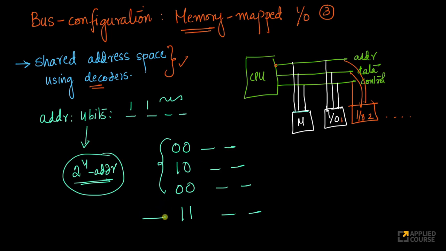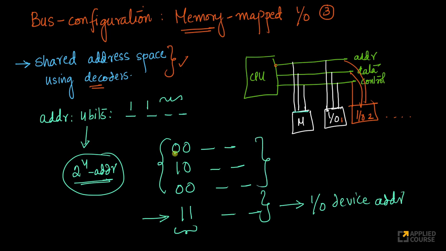Whenever my first 2 bits are 1 1, all these values correspond to IO device addresses. When the first 2 bits are not 1 1, it corresponds to memory addresses.